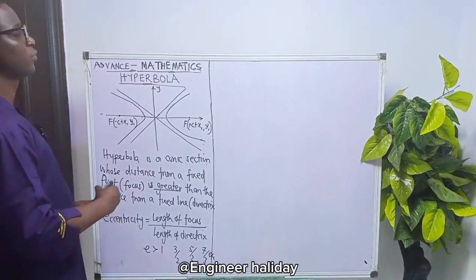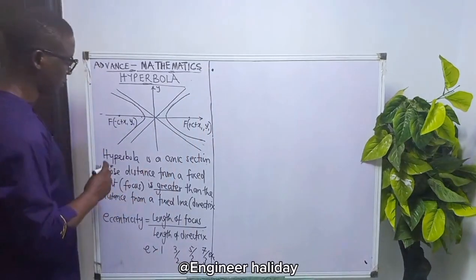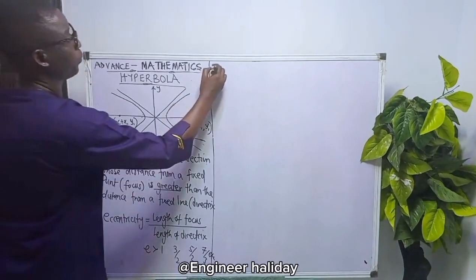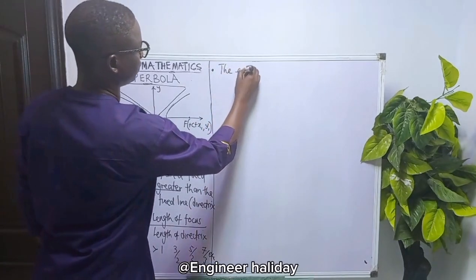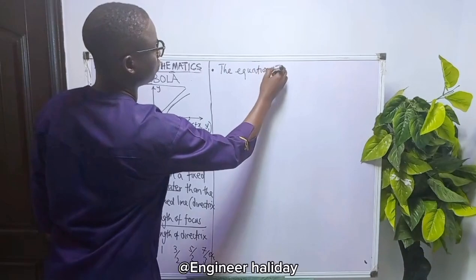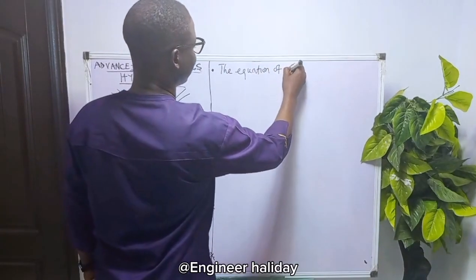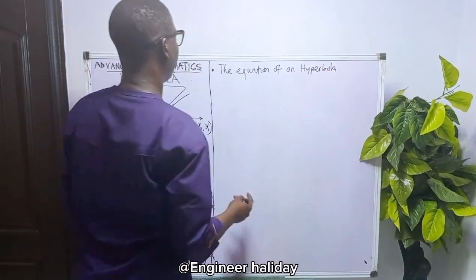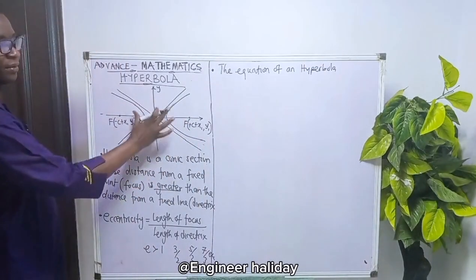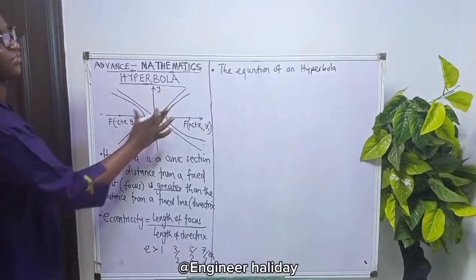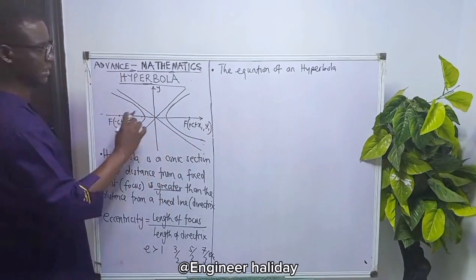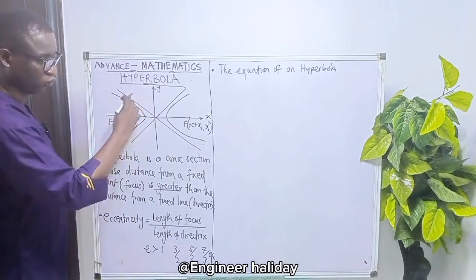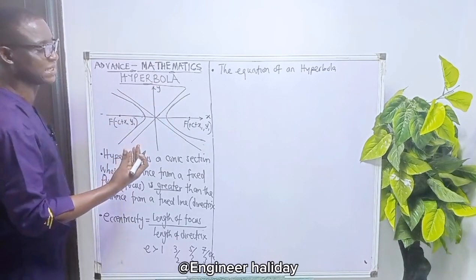Now, the next thing to talk about after defining the hyperbola and talking about eccentricity is the third point: the equation of a hyperbola. Using this diagram as a reference, let's say this is x, and this x is symmetrical to the two curves that form the hyperbola itself.